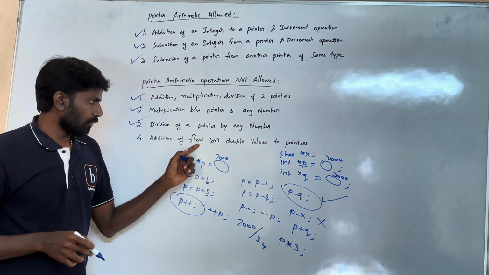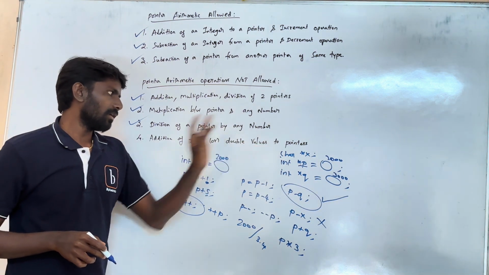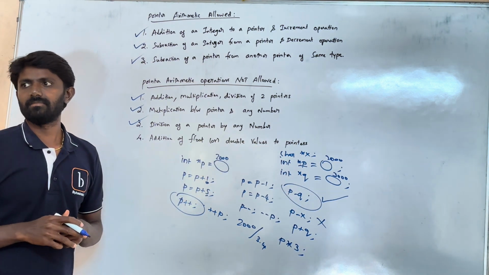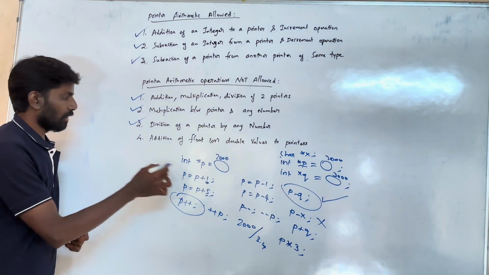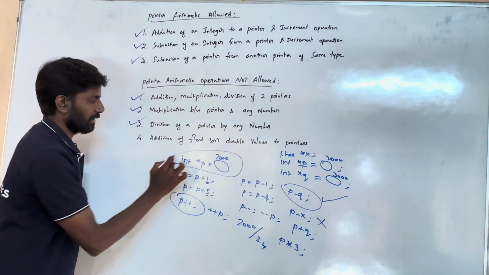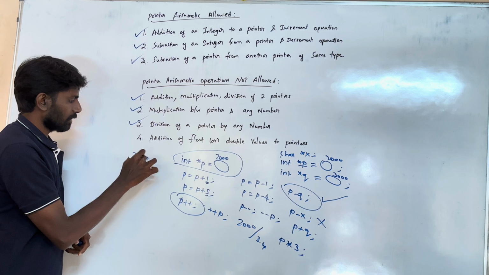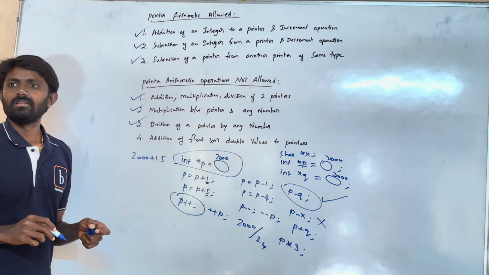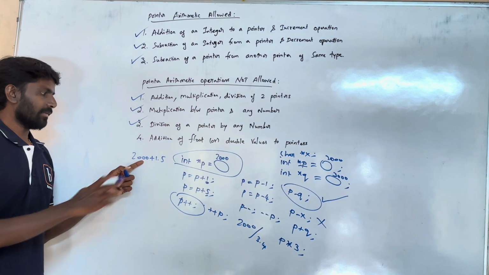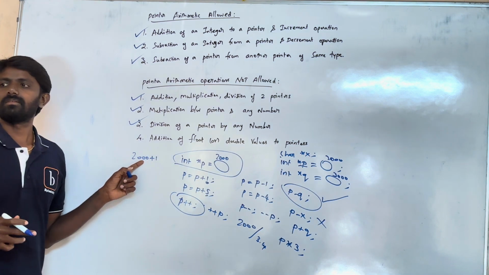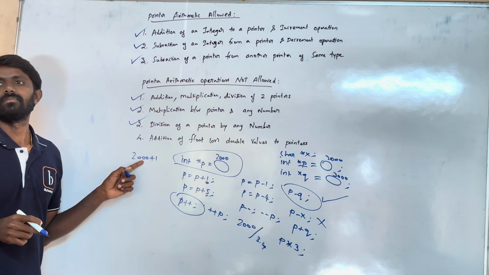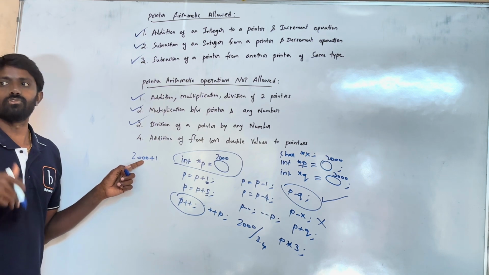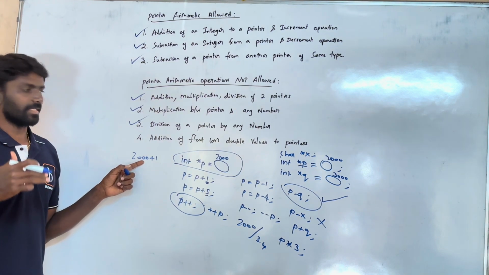Addition of a float or double value to a pointer. You have 2000 in this pointer. If you add 2000 plus 1.5, what will happen? If you give 2000 plus 1, it will go to 2004.